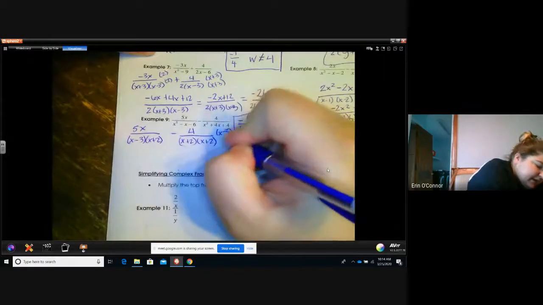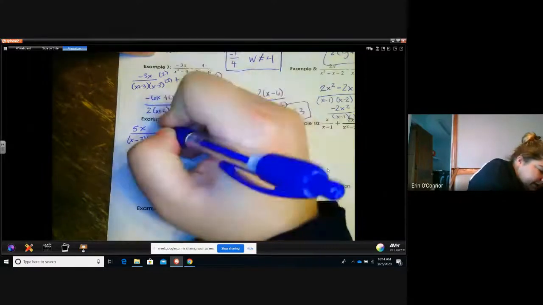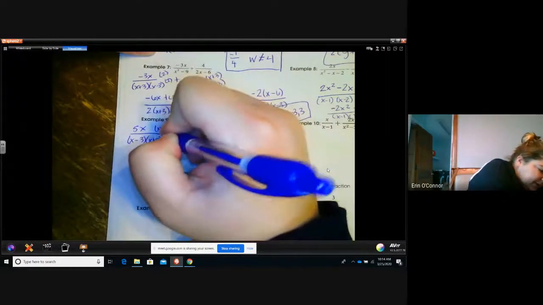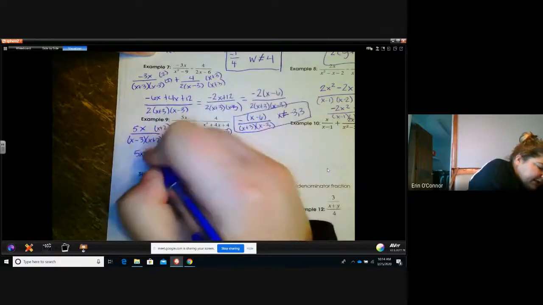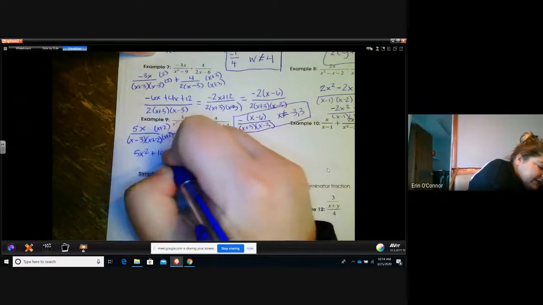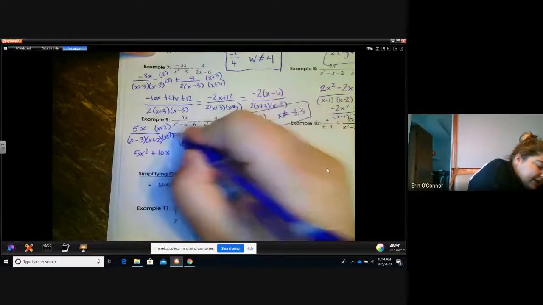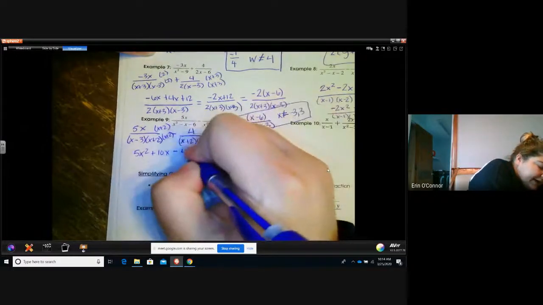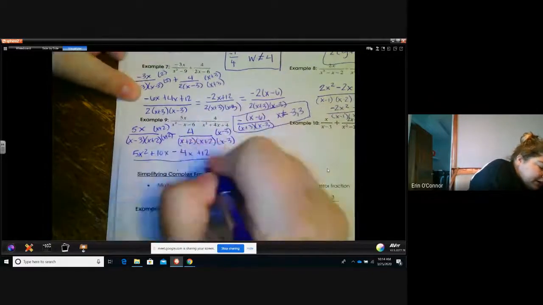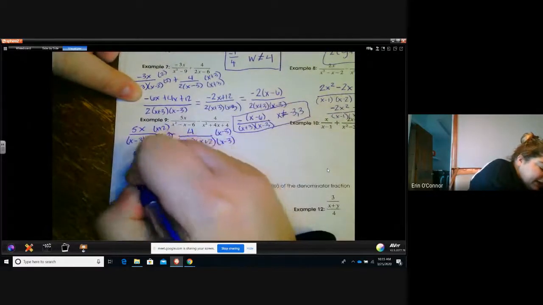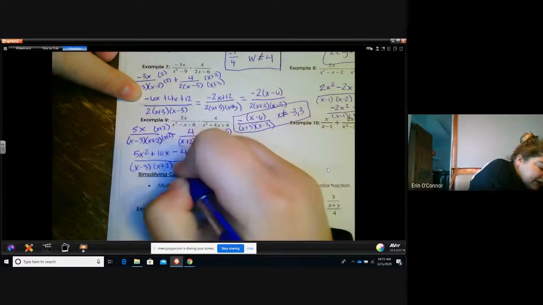So x minus 3, x minus 3, x plus 2, x plus 2. We get 5x squared. 5x times 2 is 10x. This is negative 4 times x is minus 4x. Negative 4 times negative 3 is plus 12. All over x minus 3, x plus 2, x plus 2.